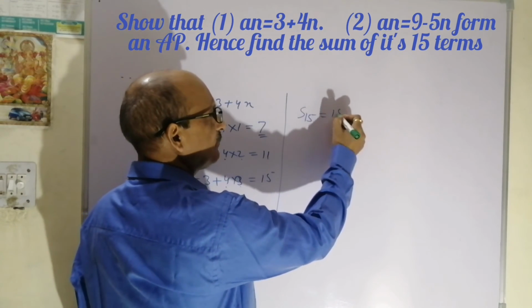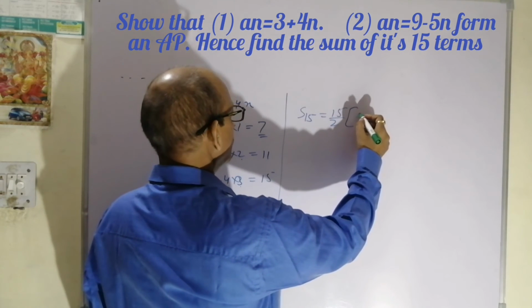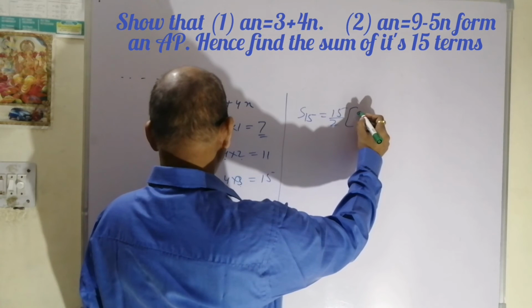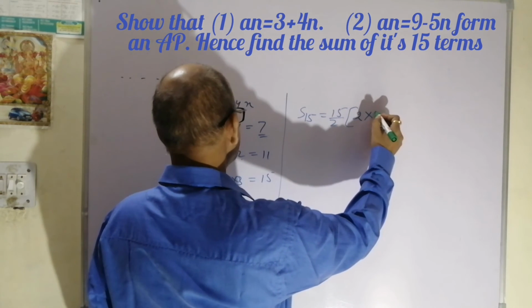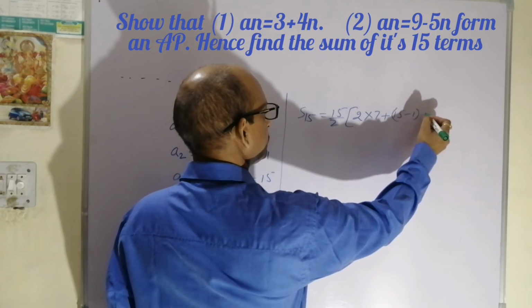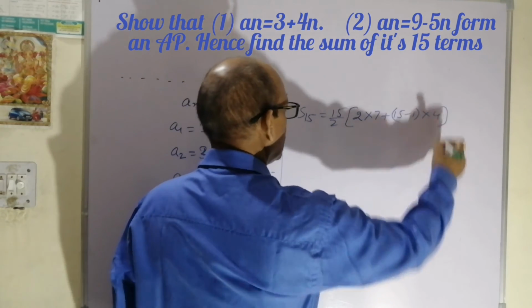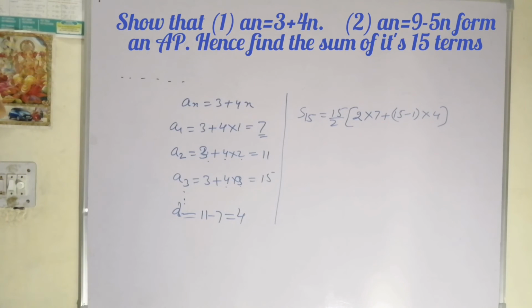S15 is equal to 15 upon 2 into 2a, where a means 7, plus 15 minus 1 into d. Simply, Sn is equal to n by 2 into 2a plus n minus 1 into d.